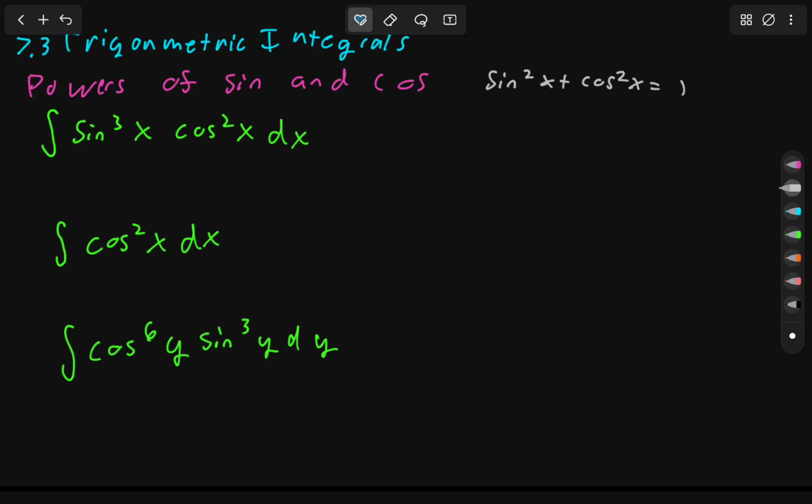For this first integral we have, we can notice that we have sine, whose derivative is cosine, and we also have cosine, whose derivative would be sine. So it becomes unclear what we should do for a u substitution.